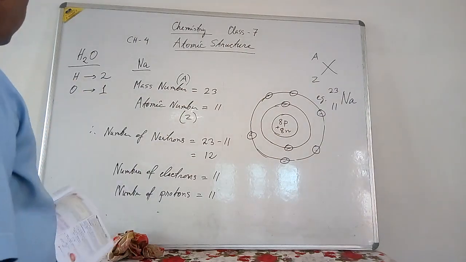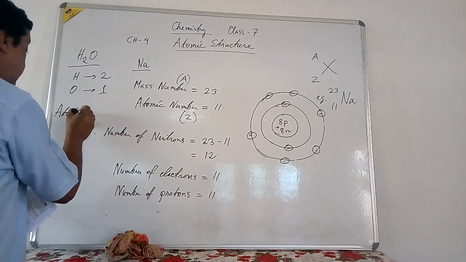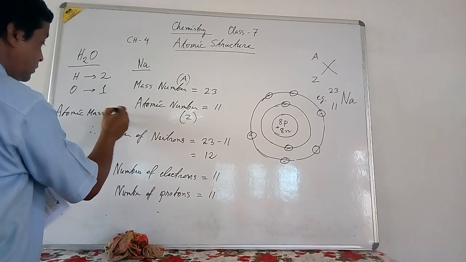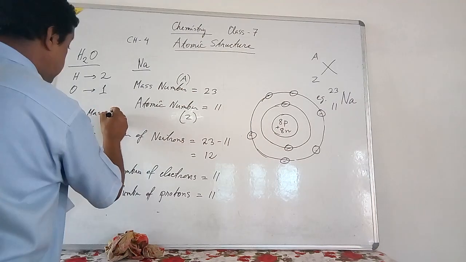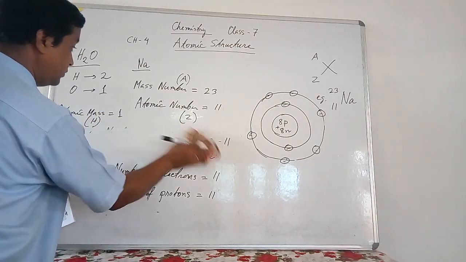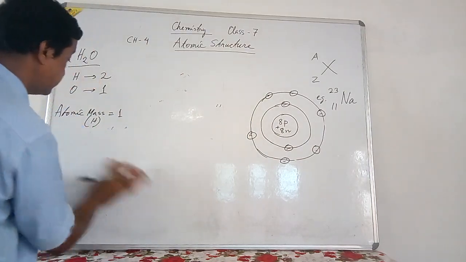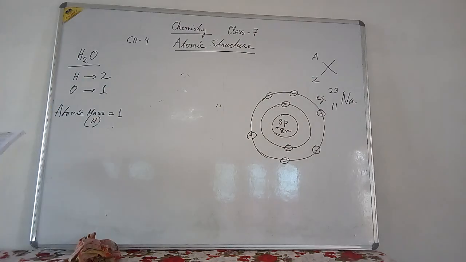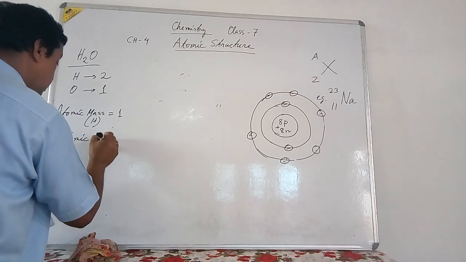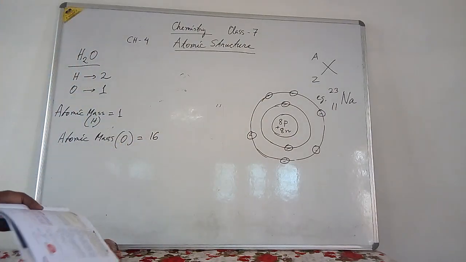Now the atomic mass of hydrogen is 1. The atomic mass of oxygen is 16. Actually, this is the relative atomic mass.